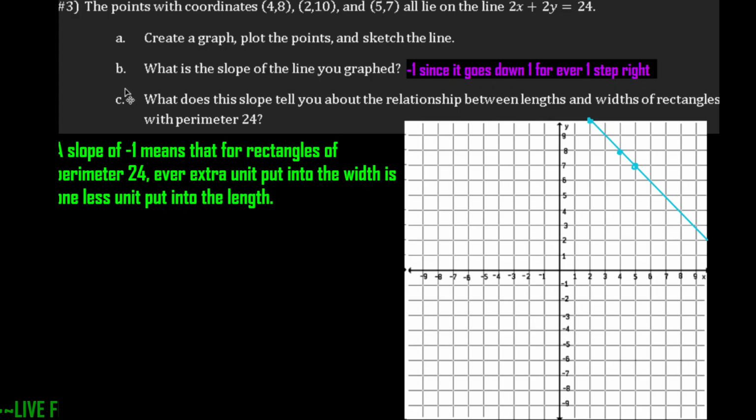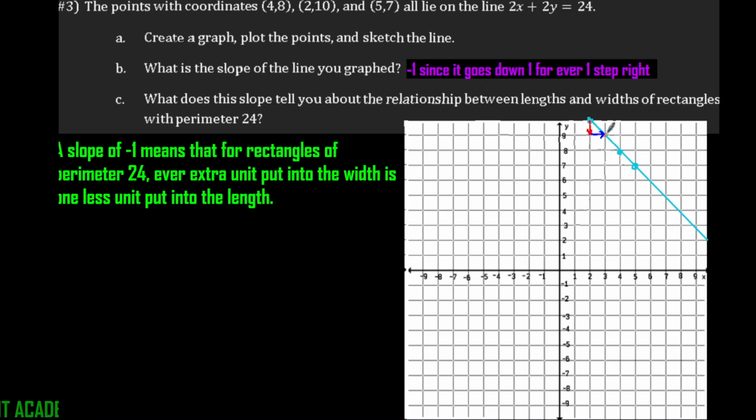Alright, so for part B, it says what is the slope of the line you graphed? We're going to say it's -1 since it goes 1 down for every 1 step right. And what does that look like? Well, if we build that staircase, it goes down 1 for every one step to the right. So if you want to, you can build that staircase and see how that works.